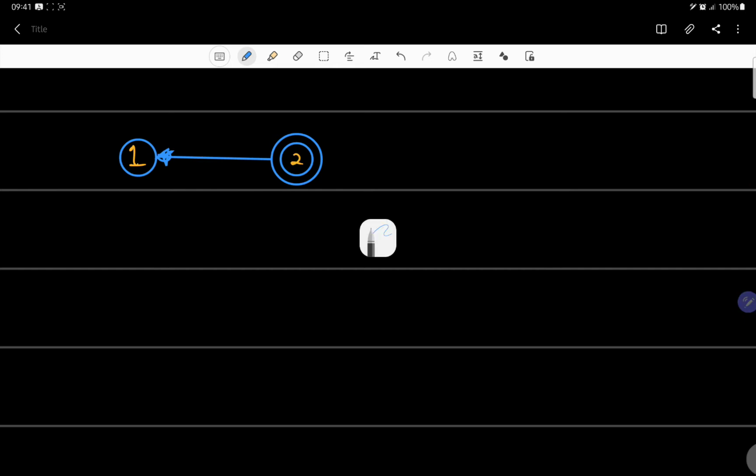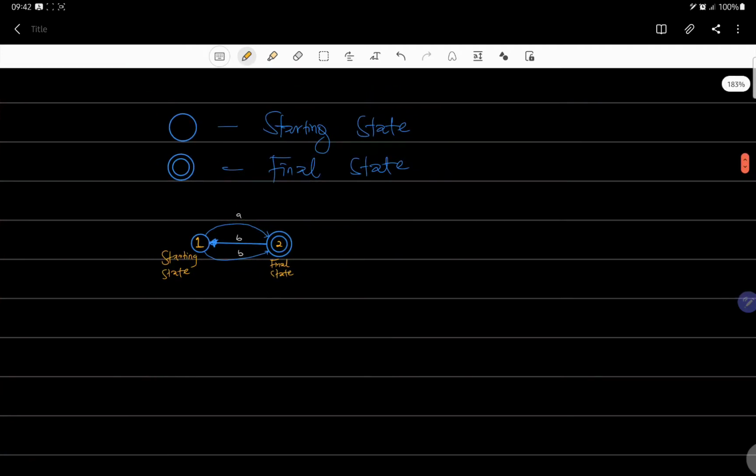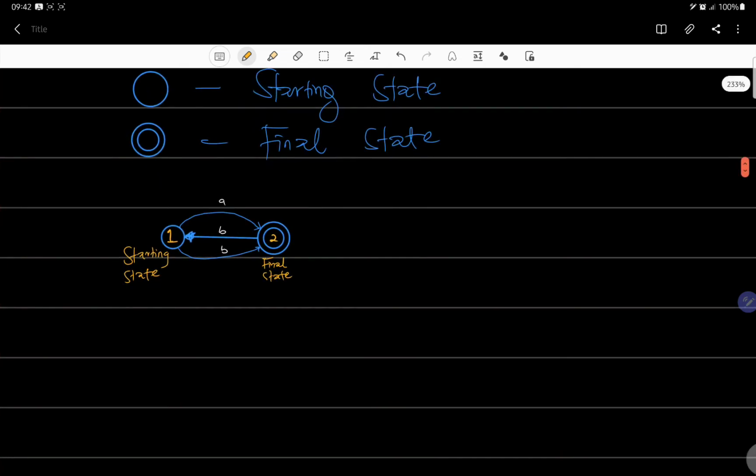Let's say we have something like this, and we will explain everything later. What this means is that we'll be starting from 1, and our final state is 2.